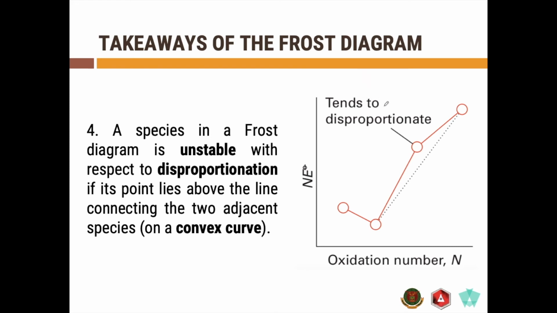So again, if you have 1, 2, 3 points, this pertains to 3 species of a given substance of different oxidation states, and then you connect a line from the third one to the first one, and if the second one or the middle one lies above, in terms of the y-axis, this line created between points 3 and 1, then this substance will undergo disproportionation.